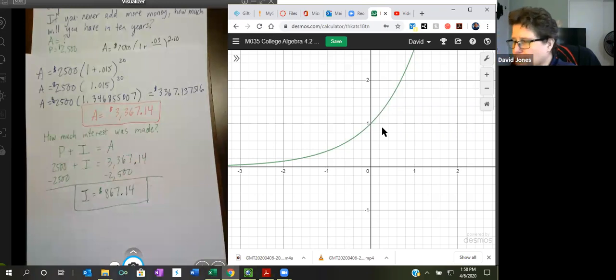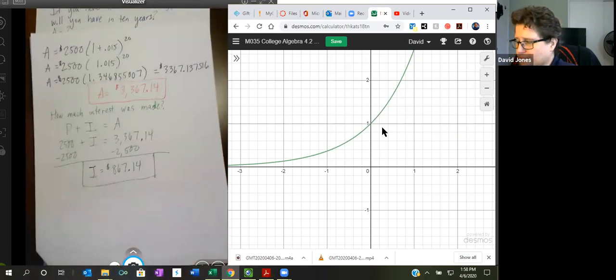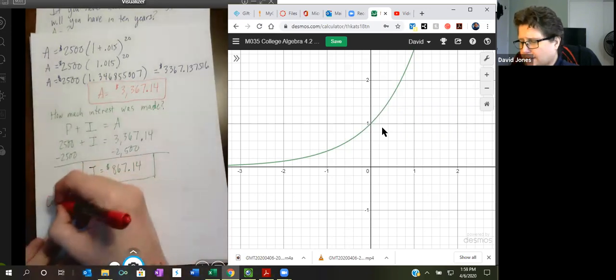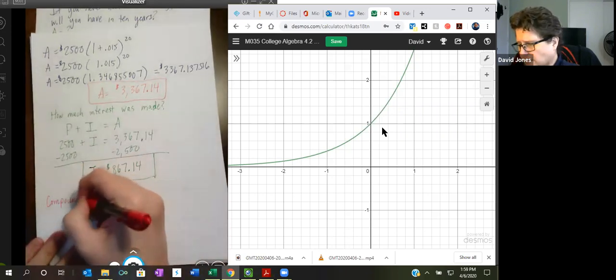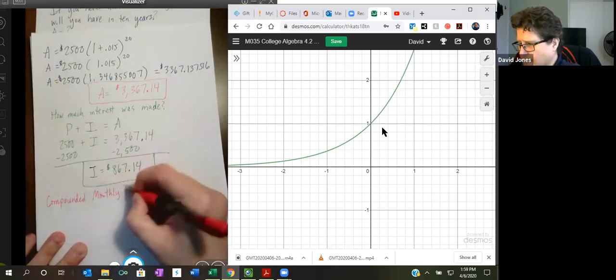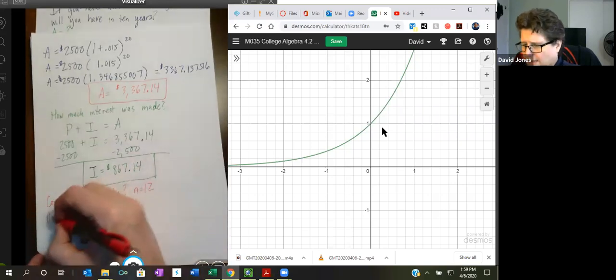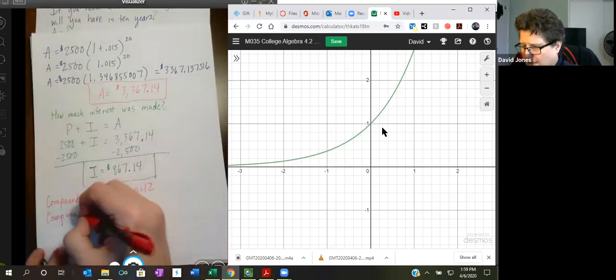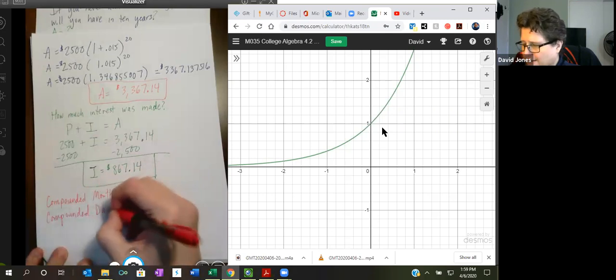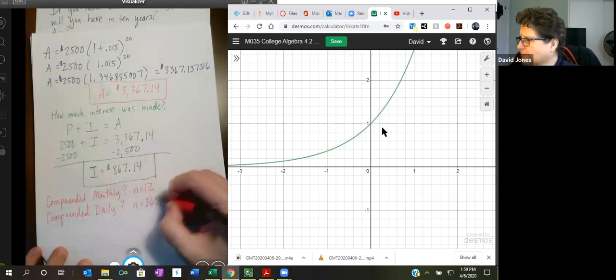Why don't you try computing this same thing, but let's change the number of times it's compounded. What if it's compounded monthly? N equals 12. If it's compounded daily, N equals 365.